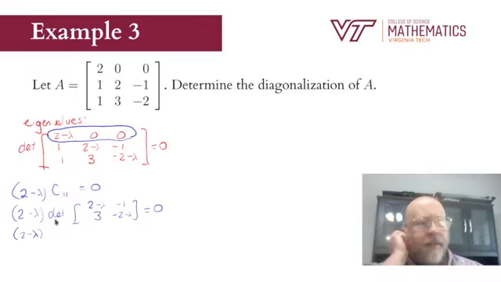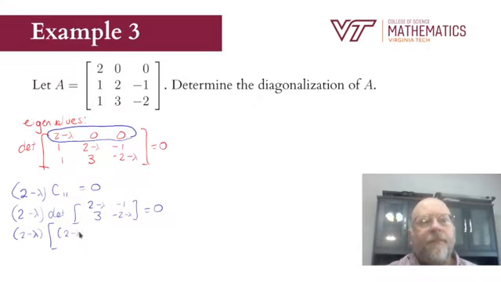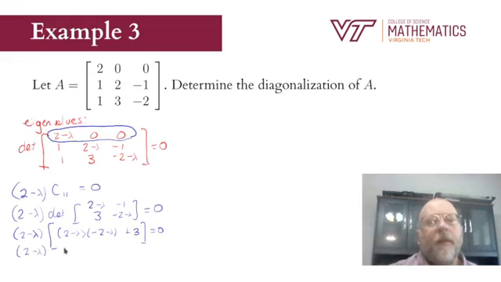We're going to get 2 minus lambda times the cofactor in the 1, 1 position, equal to 0. But that is the determinant of just this matrix. And that determinant is 2 minus lambda times negative 2 minus lambda plus 3. So here we get lambda squared minus 4 plus 3, which is lambda squared minus 1.